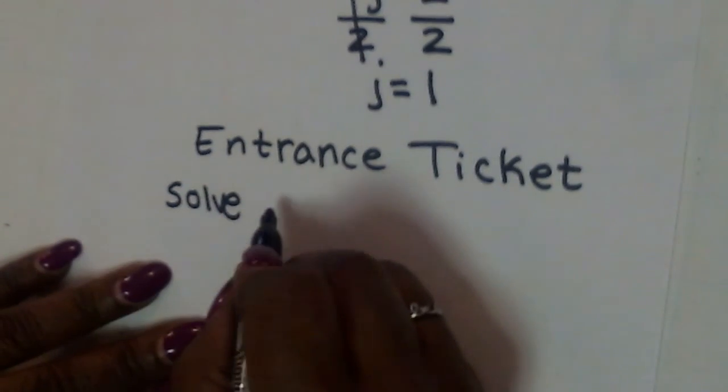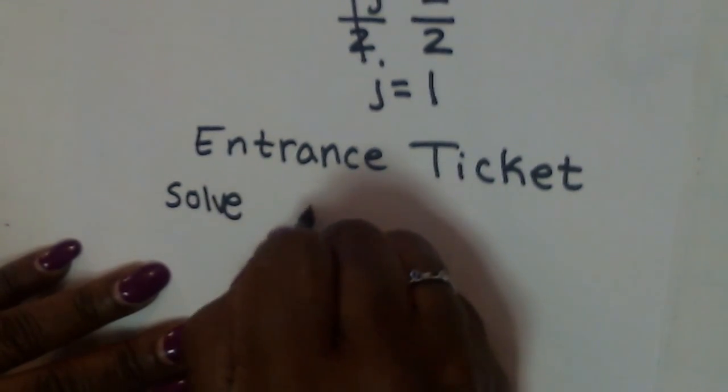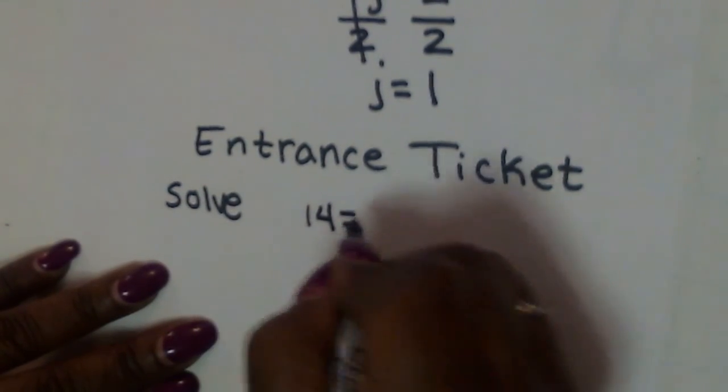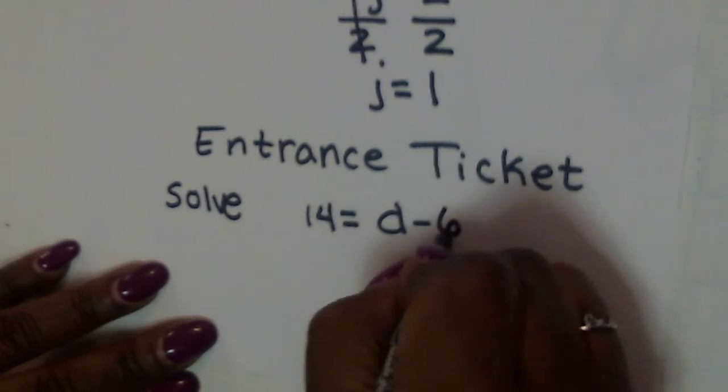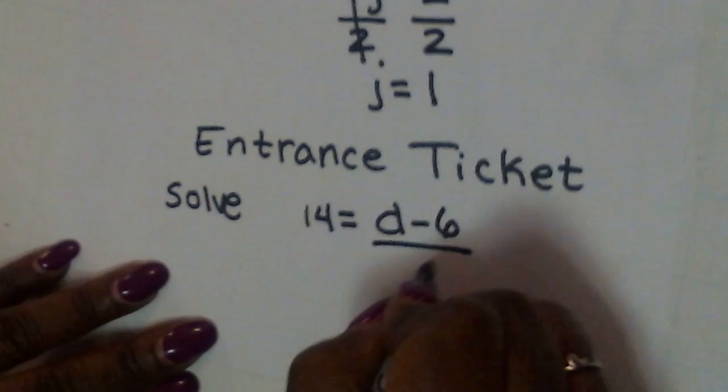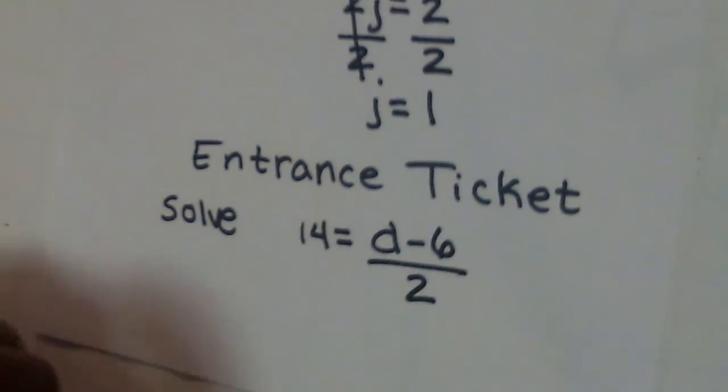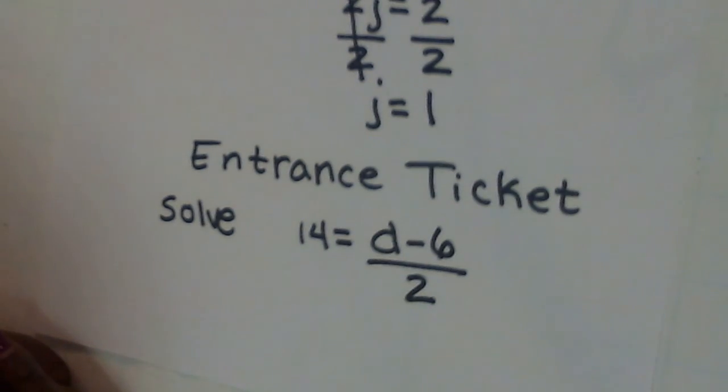I'm still thinking. Let's see. Solve 14 equals d minus 6 divided by 2. Look at example 1 and follow the same steps as example 1.